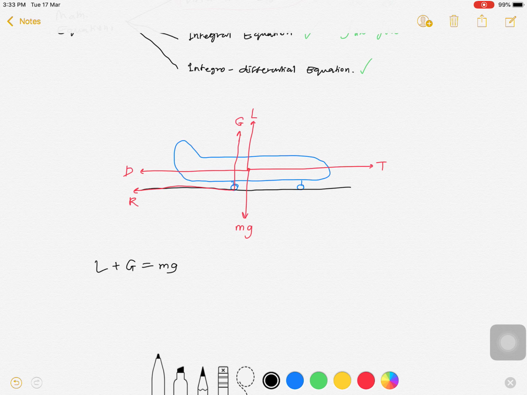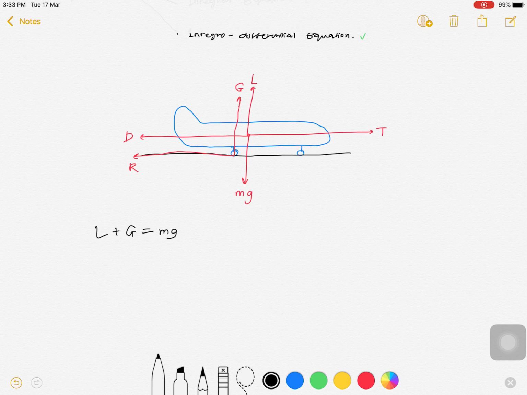Considering the horizontal components, we have T minus D minus R equal to m, the mass, times the acceleration, d squared s over dt squared. So that is the acceleration.